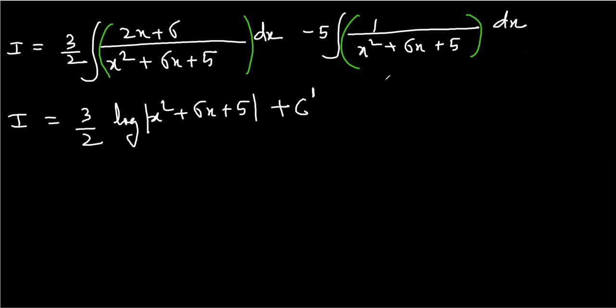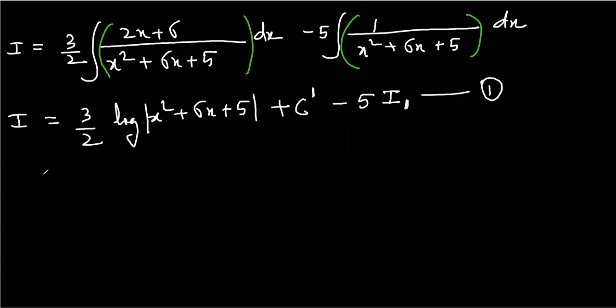But here, this one is getting integrated in the next step, while the other is not going to be integrated. So you will write this as minus 5 I1, where I1 is this. This is now equation number 1.